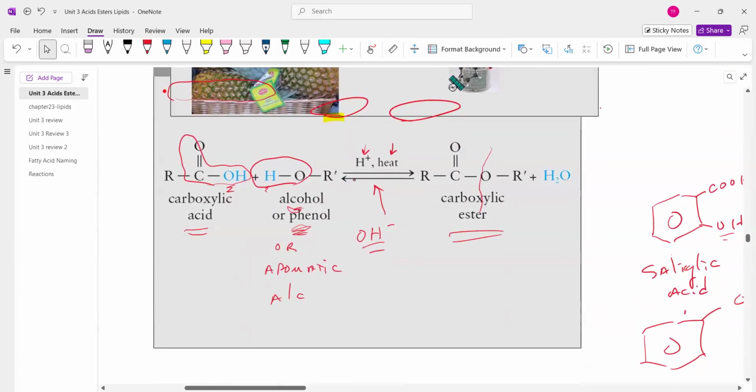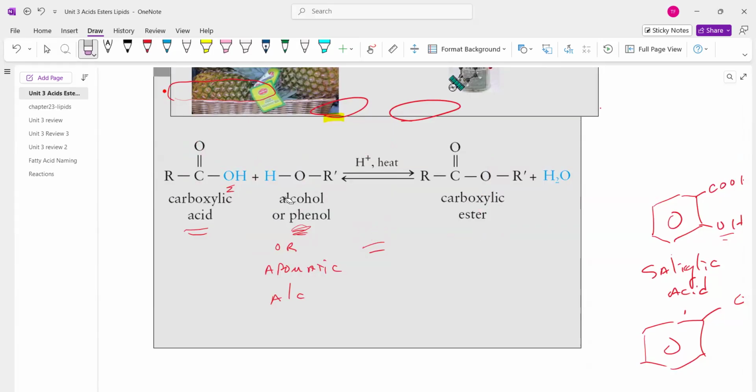Okay, there are three ways to make an ester. One way is with the acid.